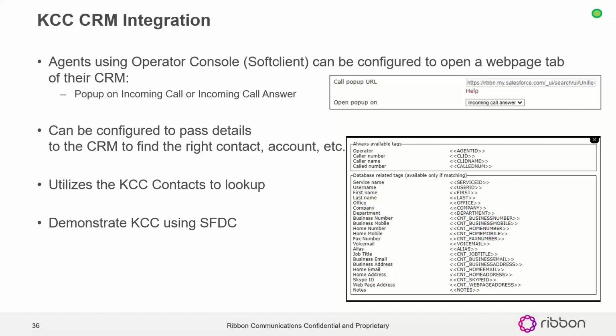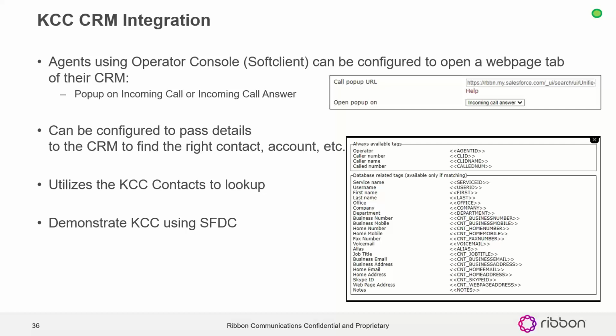So effectively, you build a string. The string will include a number of variables. And then as a call comes in and you either detect the call or you answer the call, those variables are dynamically written into the string and a web page is launched.